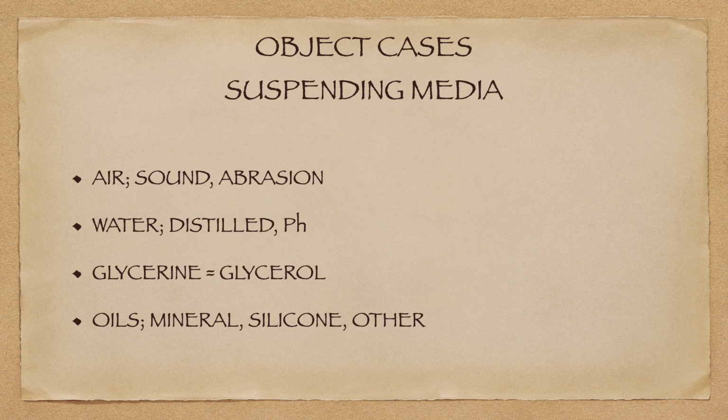And there may be several reasons. One of which is to minimize the clicky sound. Some people don't appreciate the clicky-clacky noises that are made. But perhaps more importantly, abrasion, because the materials in the object cases, as they're being turned and moved, can, by friction, erode one another.